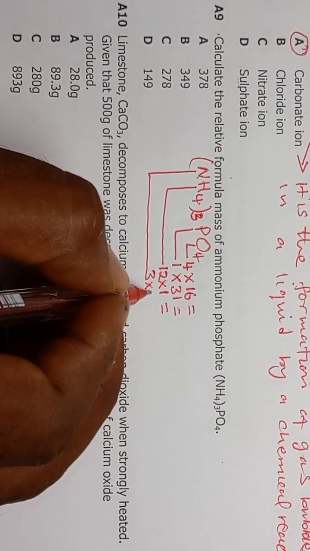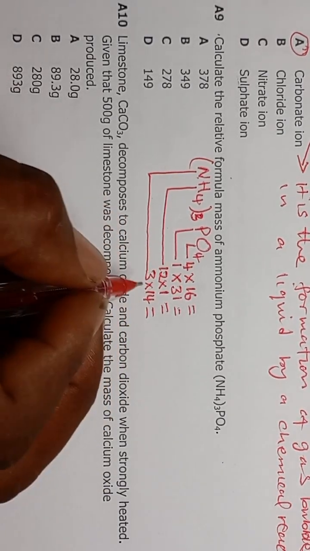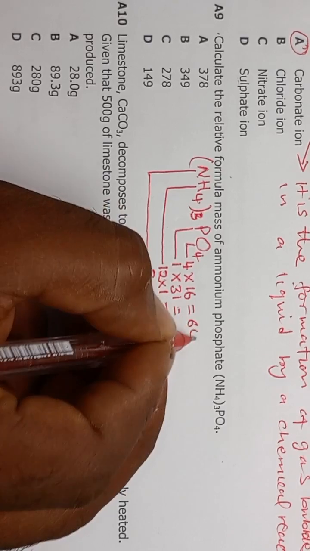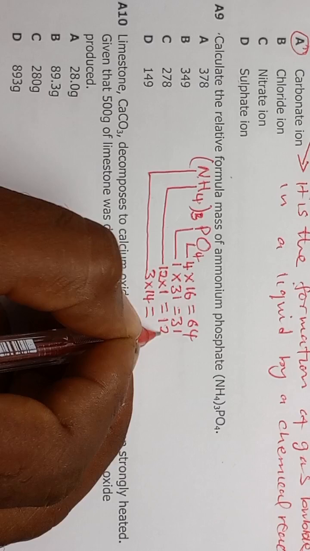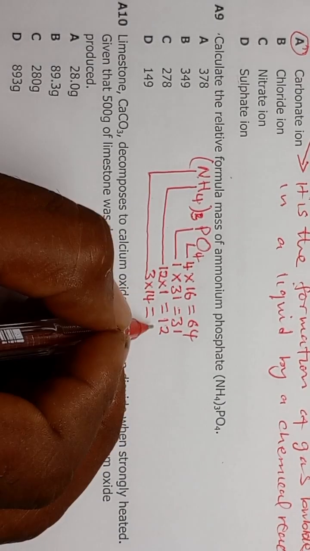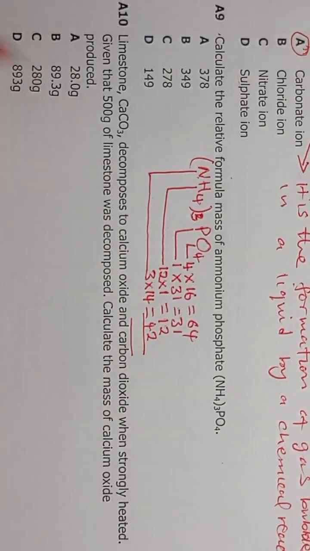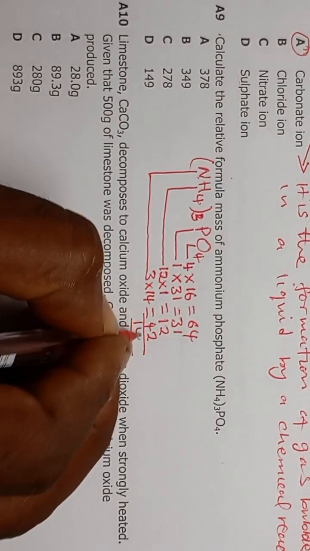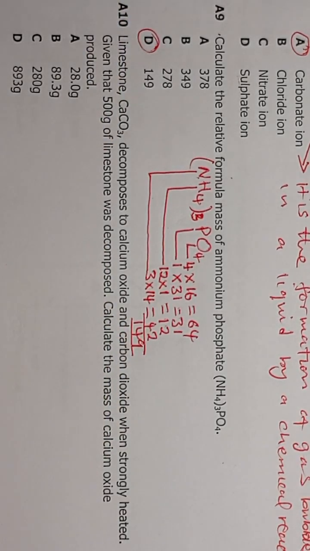The relative atomic mass of nitrogen is 14. So 4 times 16, 64. 1 times 31, 31. 12 times 1, 12. 3 times 14, we are going to have 42. Then you add: 64 plus 31 plus 12 plus 42, it is 149. So the answer is D.